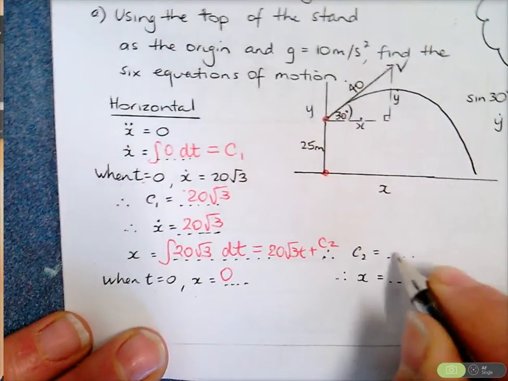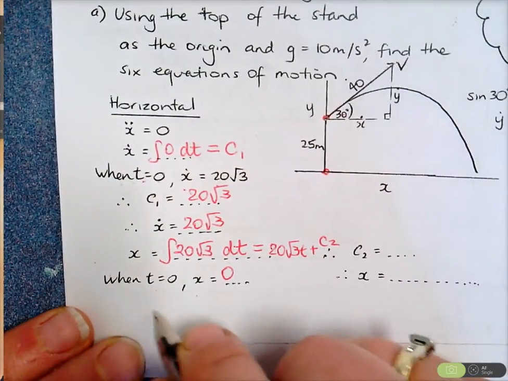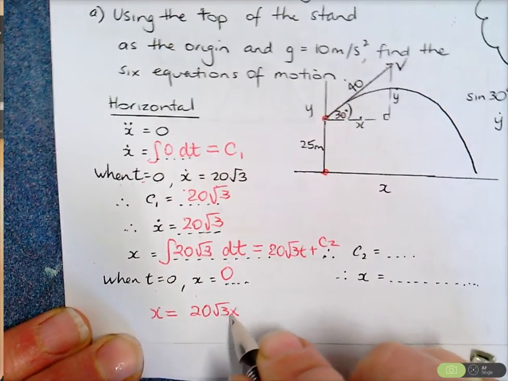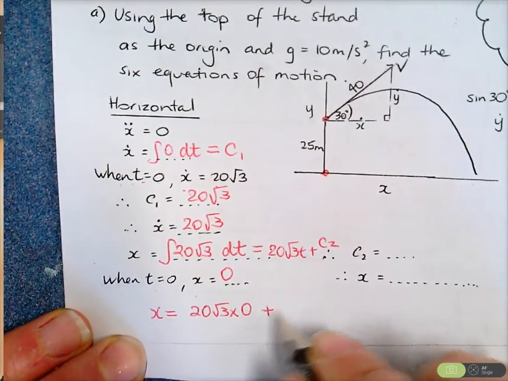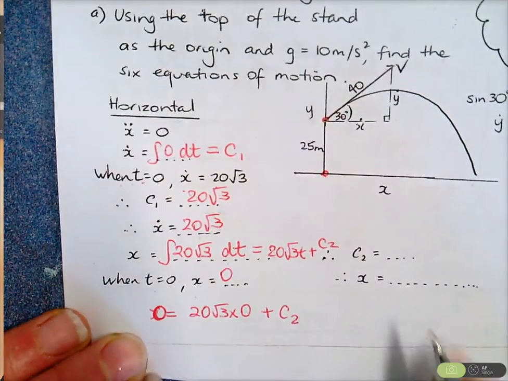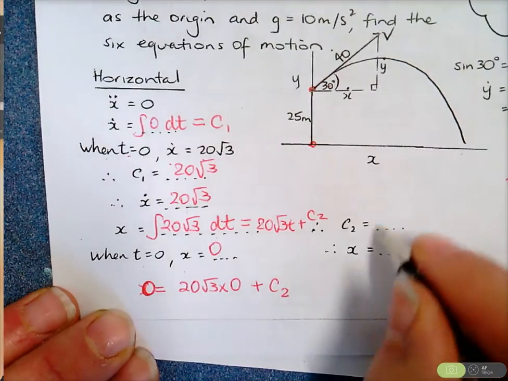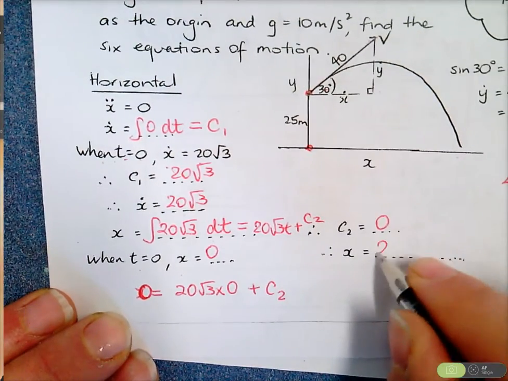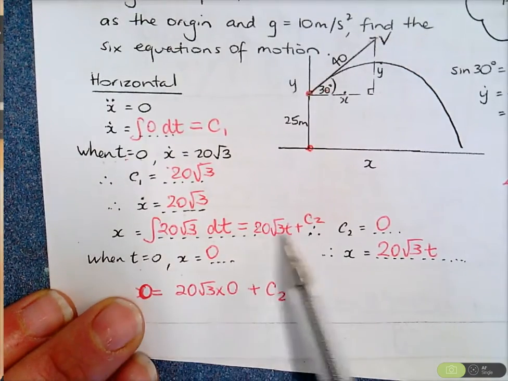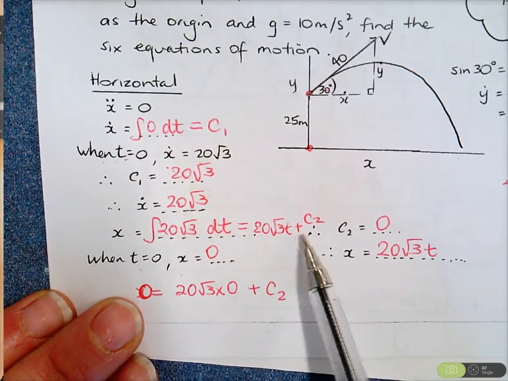So therefore c2 is what? Let me just do it down here. x is 20 root 3 times 0 plus c2. So that's 0. What does c2 equal? 0. Therefore c2 is 0. Therefore, x is 20 root 3t.